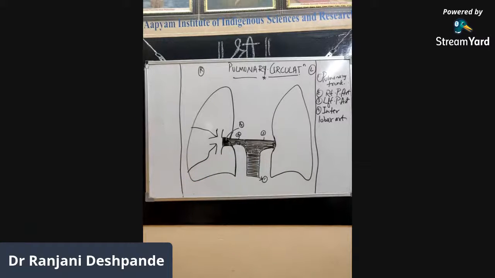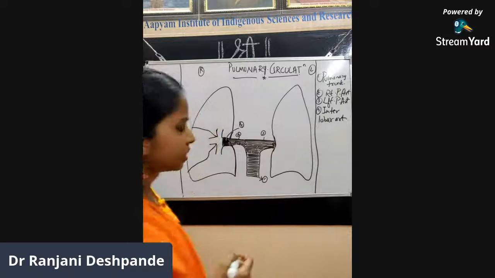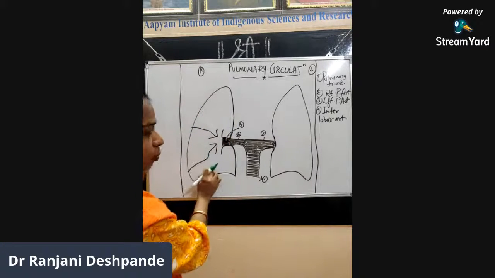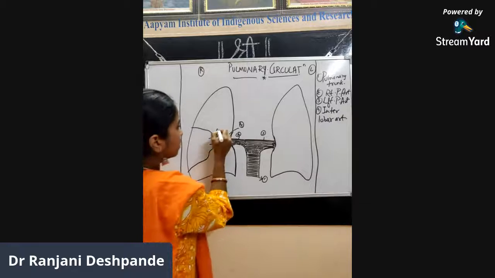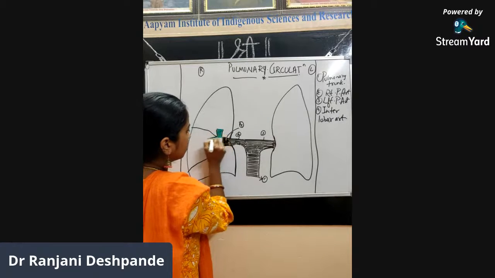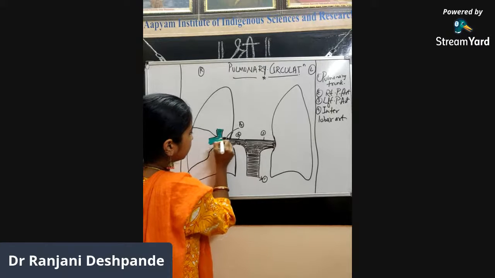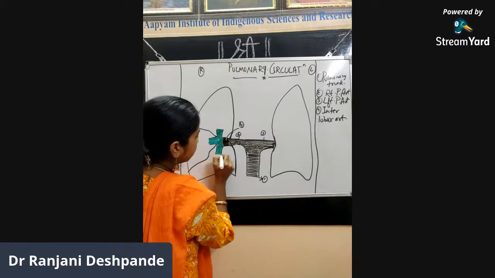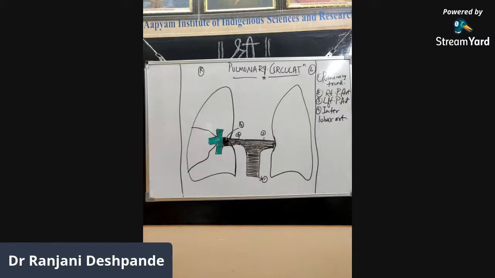Now we have seen that some part of the interlobar artery is dividing into three, and it is entering each lobe of the lung. Okay.